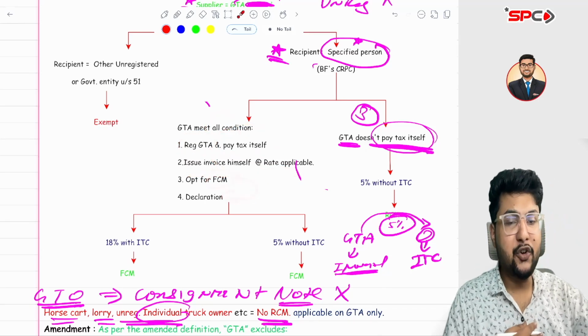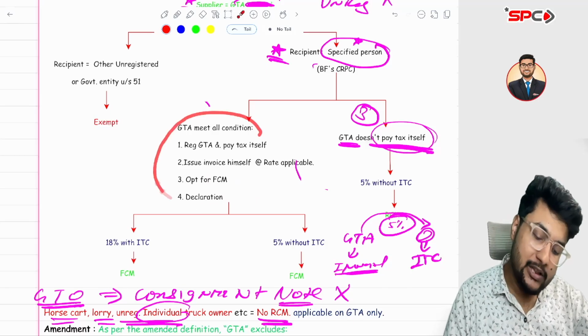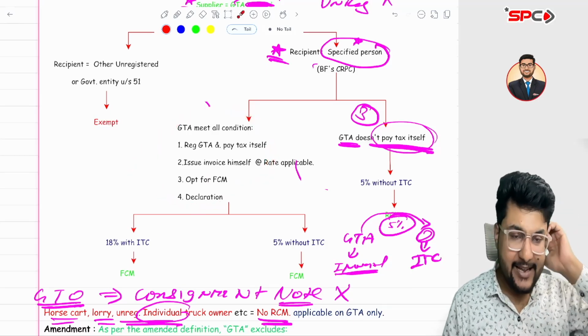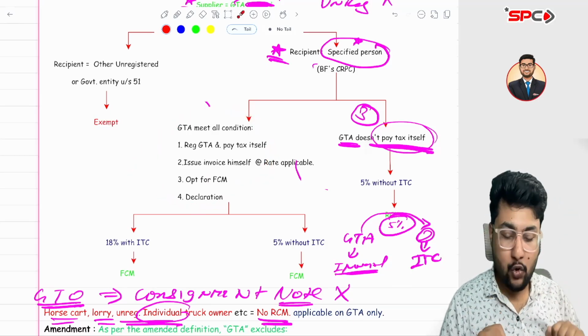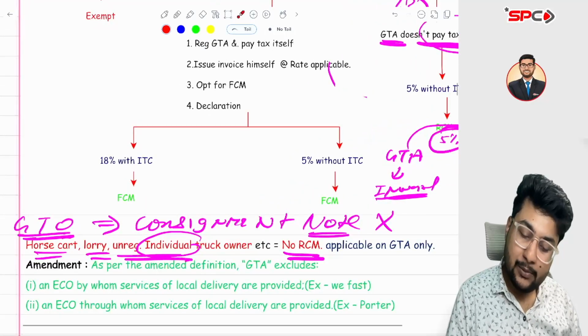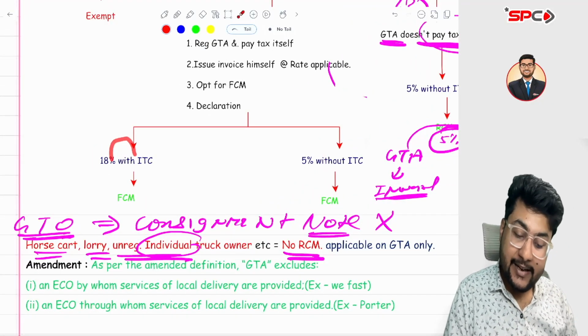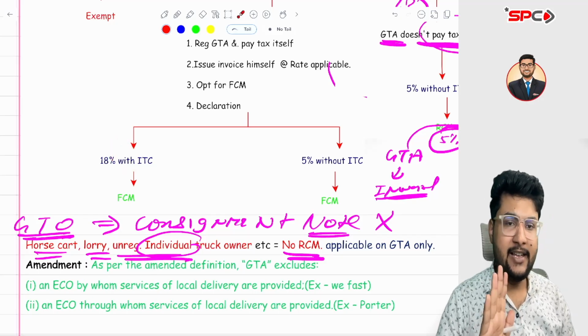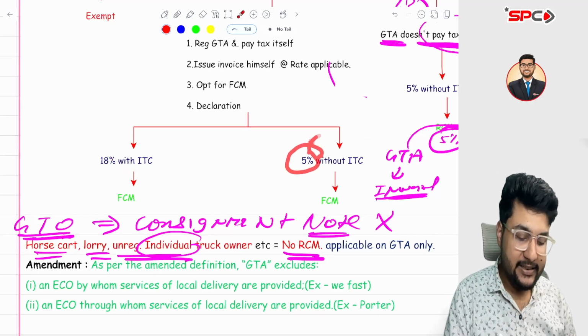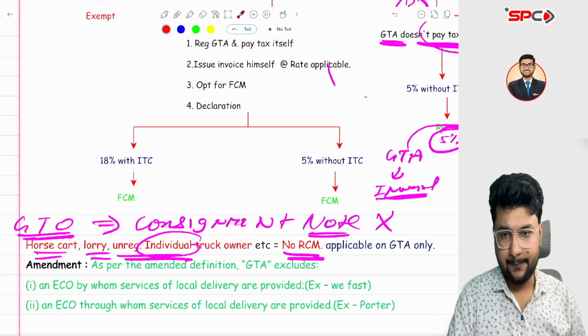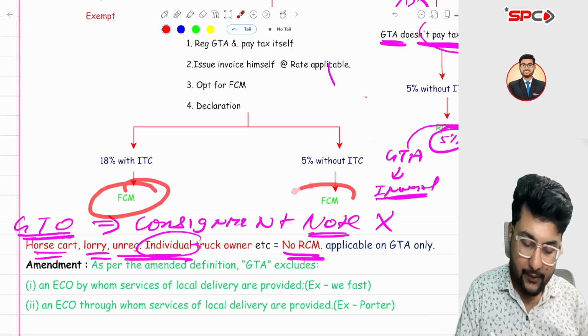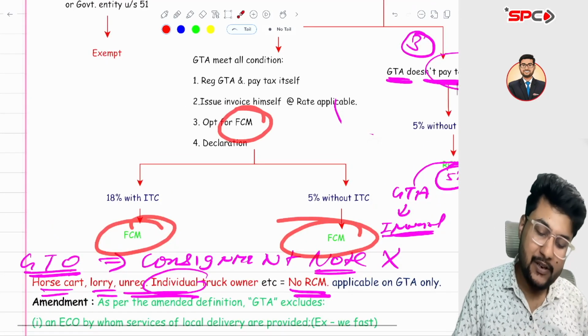I will not withdraw the forward charge mechanism if all the conditions are met. Then he has two options. First, he can opt for 18%, or he can opt for 5%. 18% is with ITC, on any purchases he is making, he can take ITC, but in 5% he doesn't have the option to take ITC. Both cases are covered under forward charge because he has opted for the forward charge option.